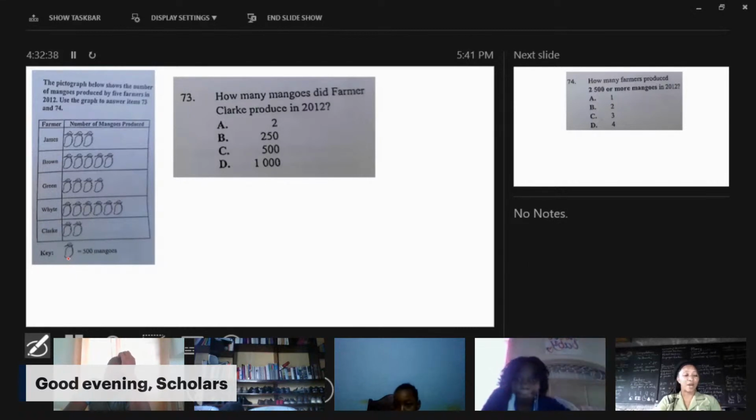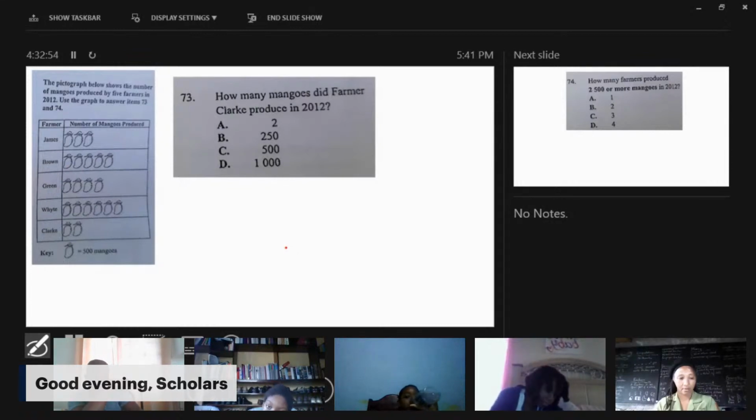And the key says the symbol of one mango represents 500 mangoes. So the question is asking about Farmer Clark. Miss, 1000. All right. And why do you say 1,000? Because one is 500 and there's 2 there. So 500 times 2 is 1000.